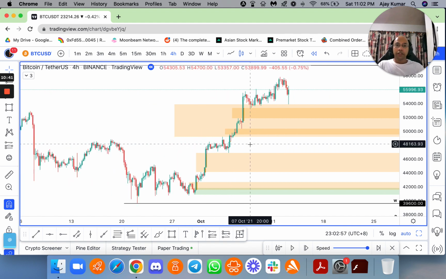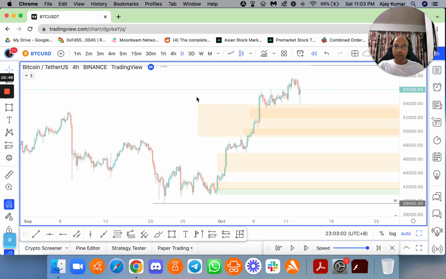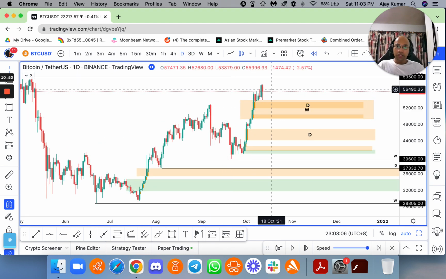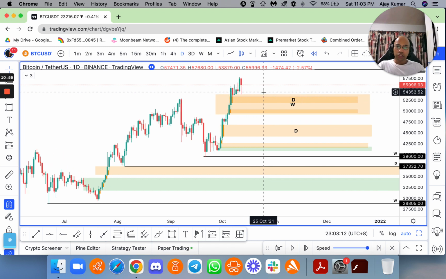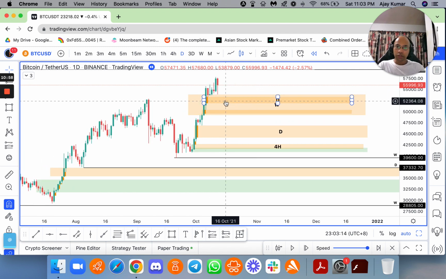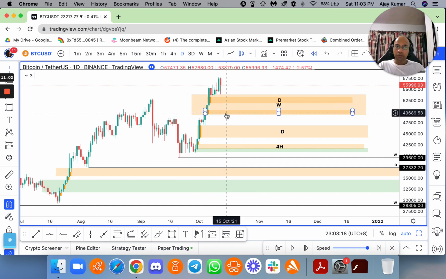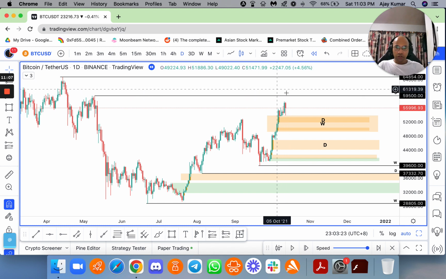Okay, so our bias is bullish, but in the immediate time frame, where do we expect price to go? Price is just touching the fair value gaps, the weekly fair value gap, daily fair value gap. So my expectation is price is definitely going to take out the sell stops here.